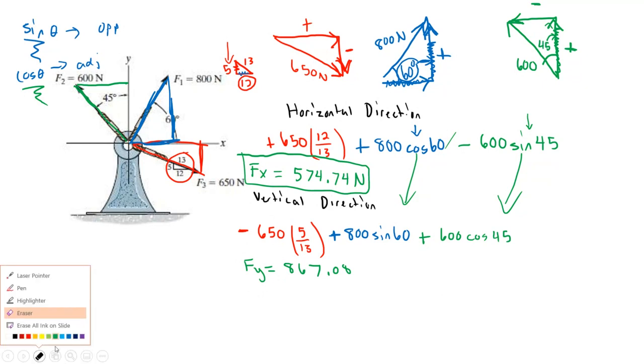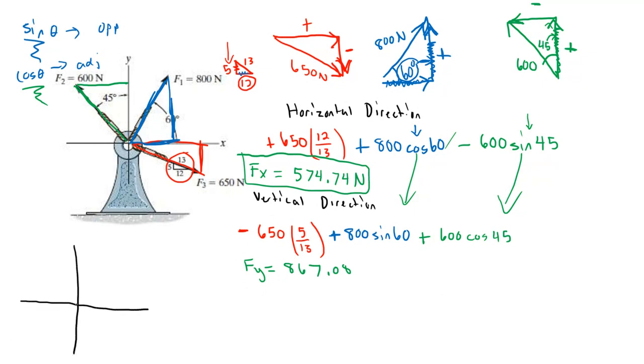If I were to graph this out, positive and positive, right? So positive 574.74, and 867.08. There's that dot. We connect the dots.